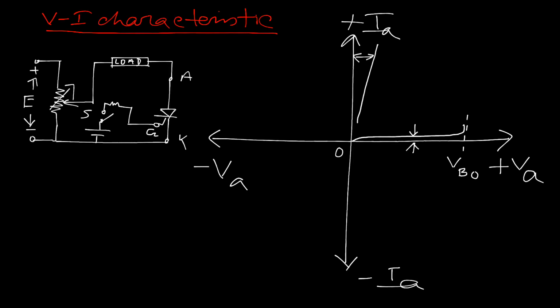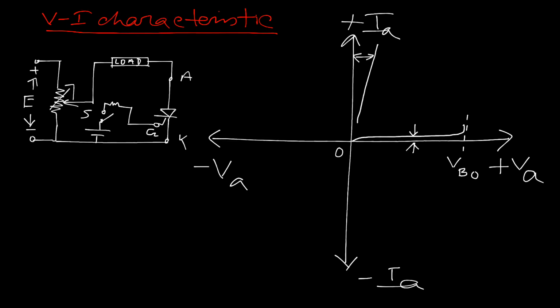Now think, suppose we are trying to switch off the switch. How is it possible? Suppose we are trying to turn off this SCR. Then the SCR becomes off when the anode current falls below the holding current.